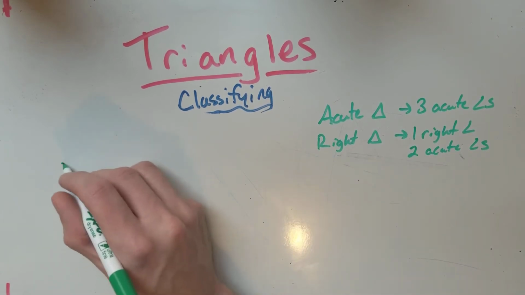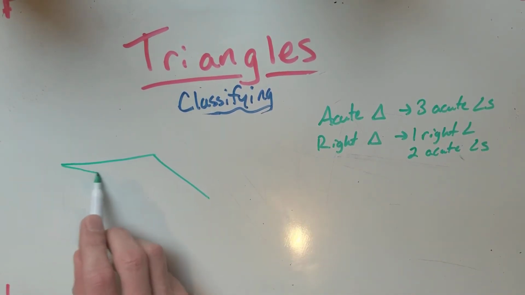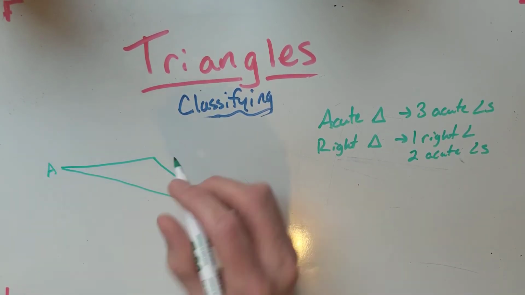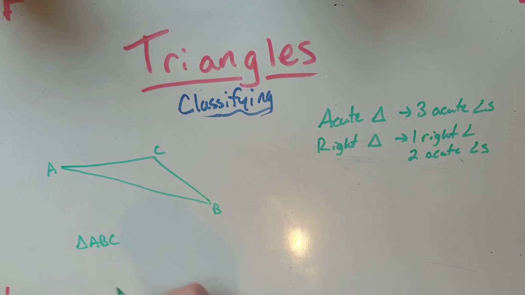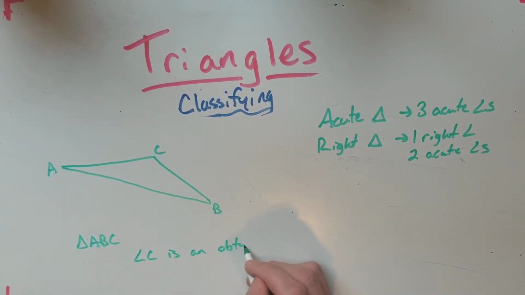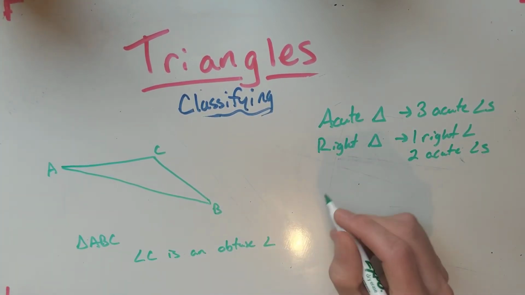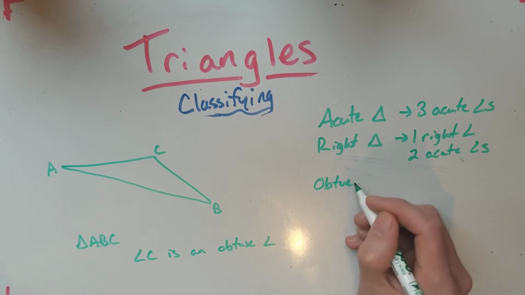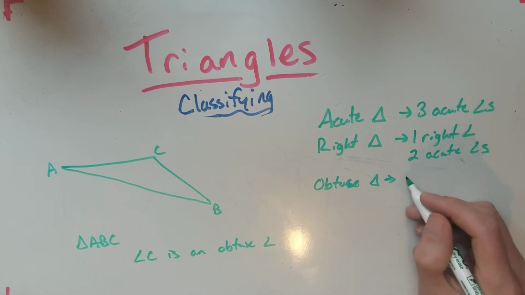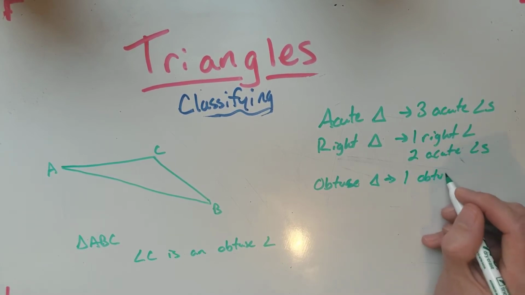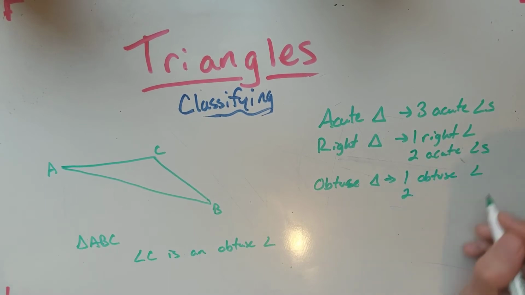Our last one, we'll say it looks like this. And we'll go back to ABC. In triangle ABC, let's say, for the sake of this, angle C is an obtuse angle, meaning it's more than 90 but less than 180, then we would call this an obtuse triangle. And for the same reasoning as a right triangle, you're only going to have one obtuse angle, and you're going to have 2 acute angles.